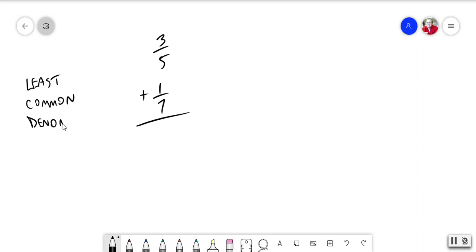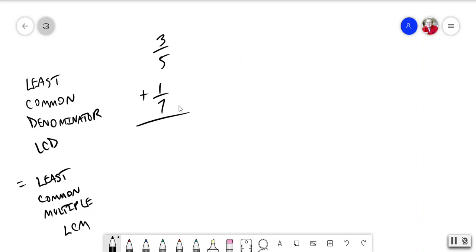And this is not an unknown term for you guys. Known to his friends as LCD, which is the same thing actually as least common multiple, known to its friends as LCM.